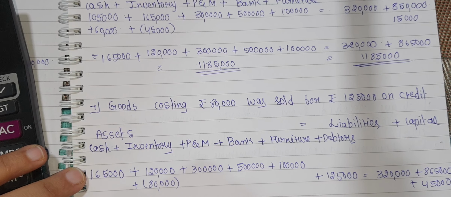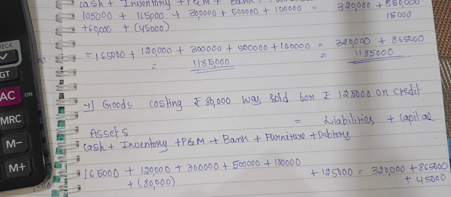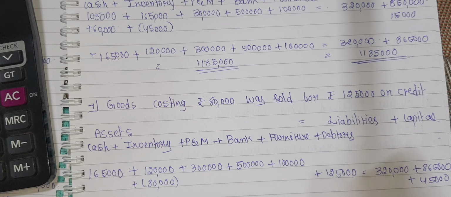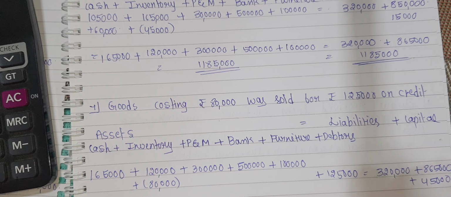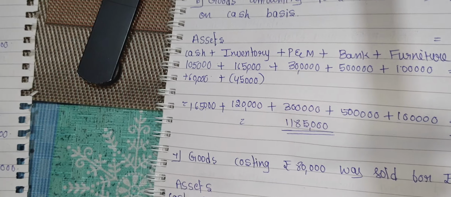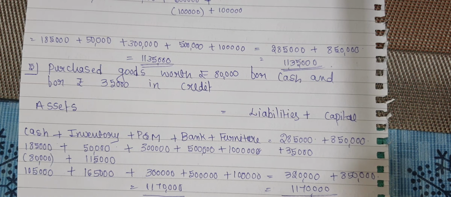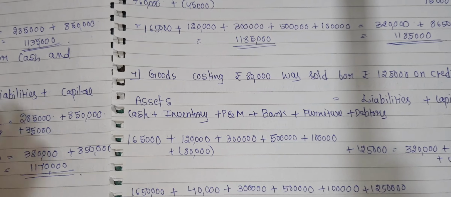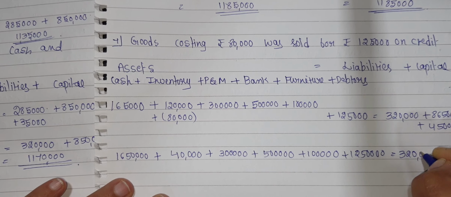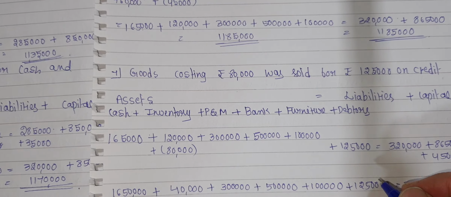So 1,65,000 plus 1,20,000 minus 80,000, that is rupees 40,000, plus 3 lakh plus 5 lakh plus 1 lakh plus 1,25,000 equals rupees 3,20,000 plus 8,65,000 plus 45,000, that is rupees 9,10,000.